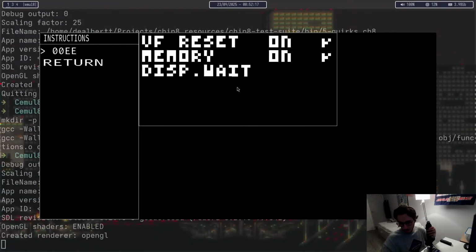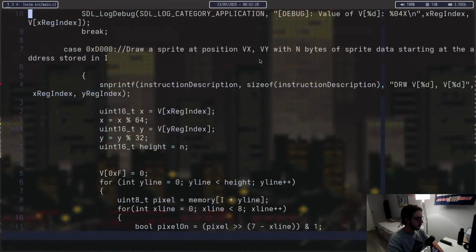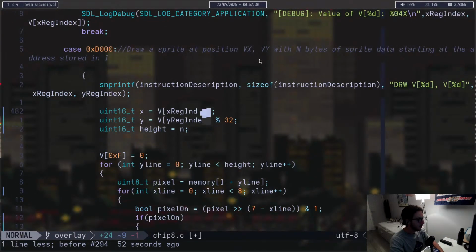In my code I have separate variables to hold the wrap values. Yep. Okay, so I have these 2 values assigned. That's what they are.